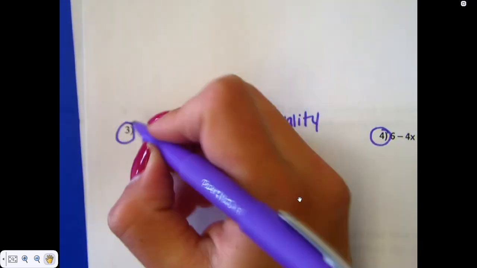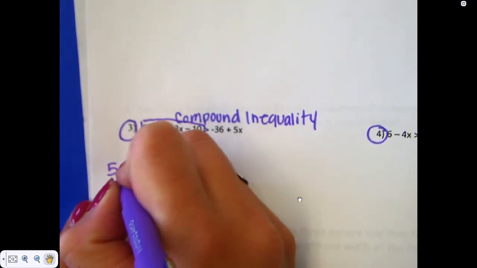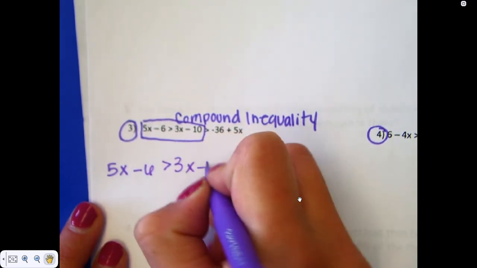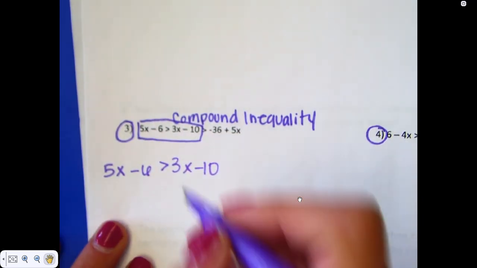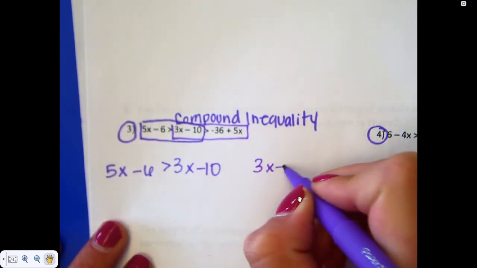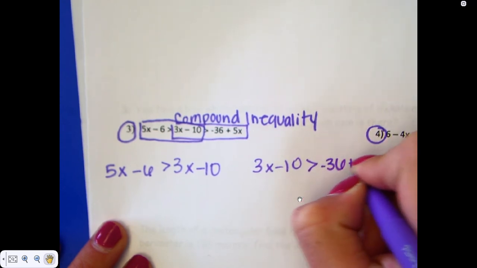Okay, so I'm going to split this one up like this. So I'll have 5x minus 6 is greater than 3x minus 10. That's one inequality I'm going to solve. And the other one is going to be 3x minus 10 is greater than negative 36 plus 5x.